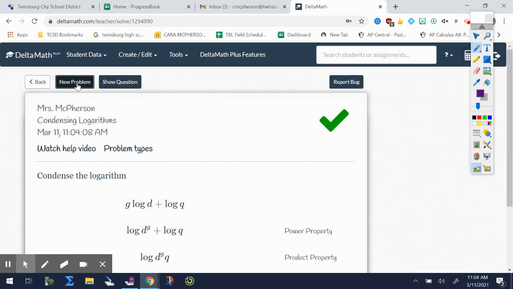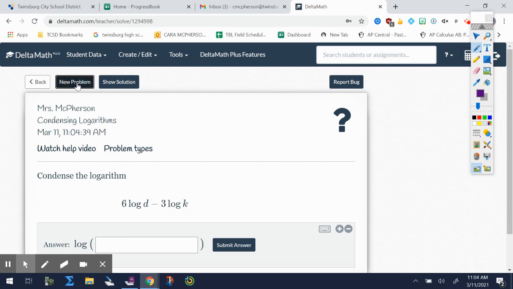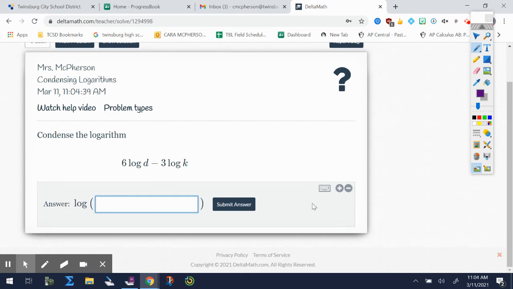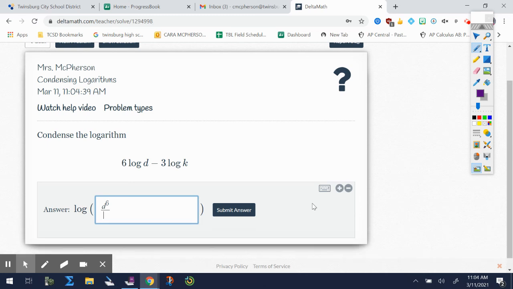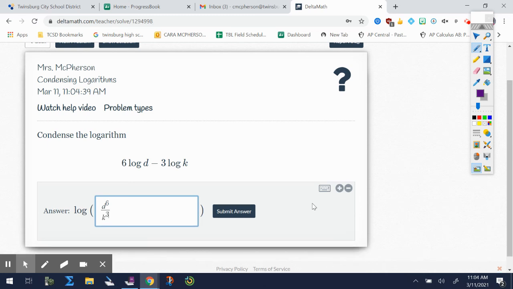If it has subtraction, let's see if I can find a subtraction one. There we go. If it has subtraction, you're going to write it as a condensed log with division. So this one's going to be d to the 6th. And then you're going to divide by k cubed because it is after the subtraction sign, meaning it is being condensed with the quotient property.